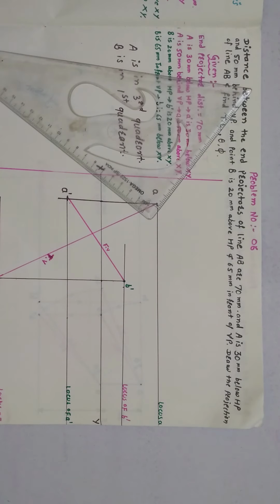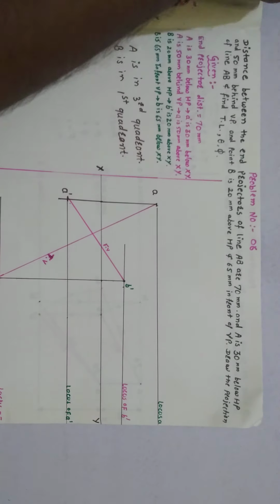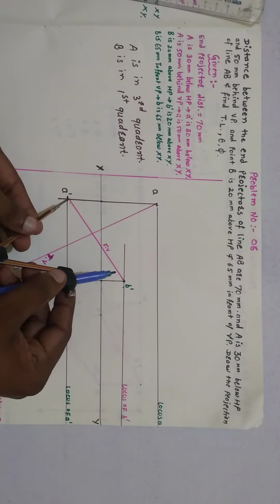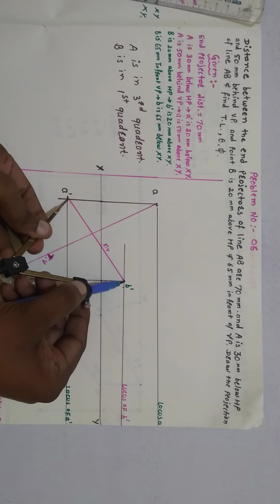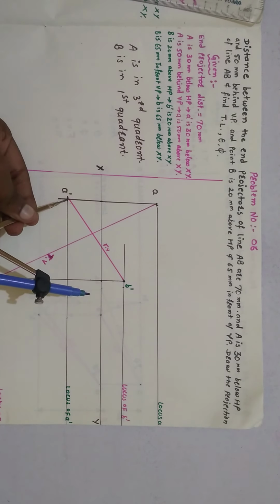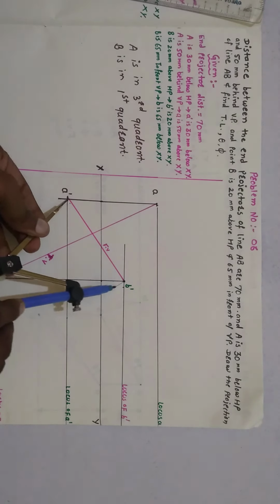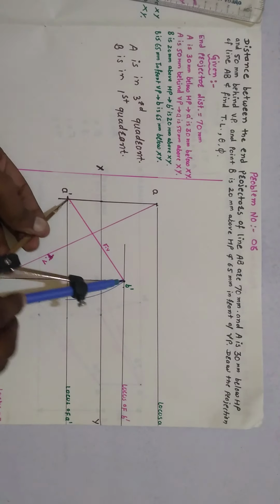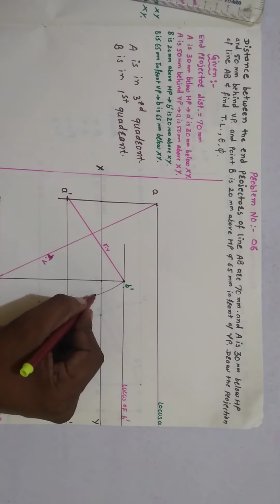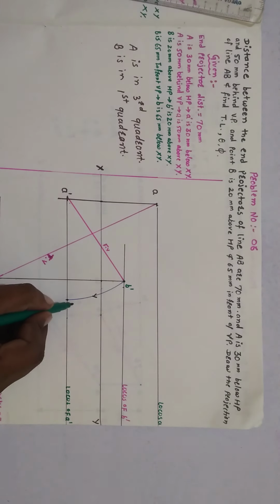So this is the front view and this is the top view. Now take the distance A dash B dash as radius, and with center A dash draw one arc which cuts the locus of A dash. Here you will get the B2 dash point.